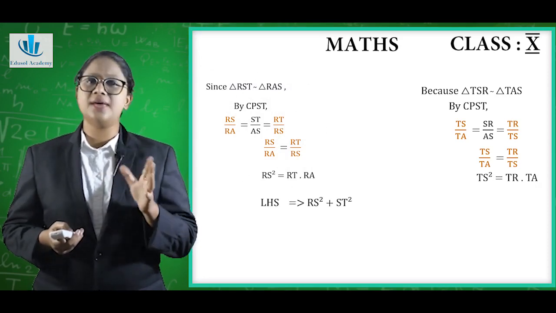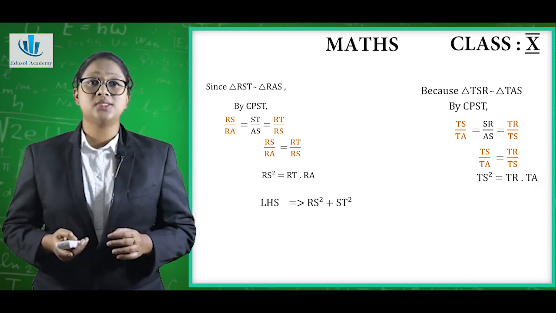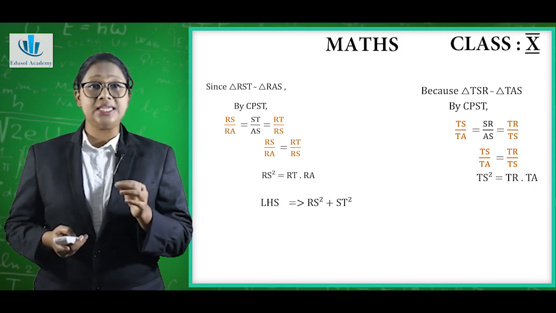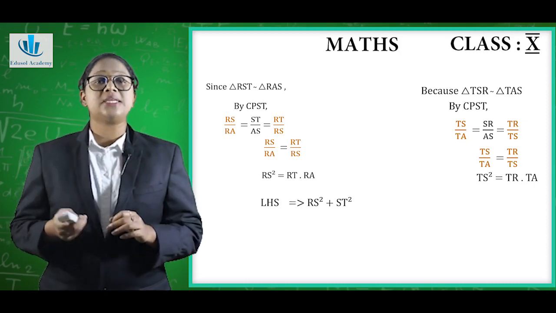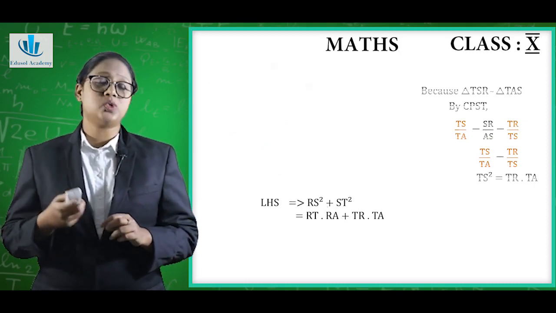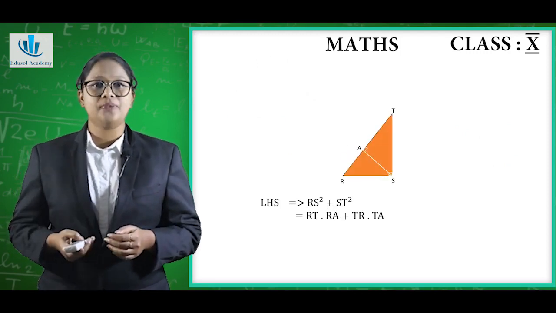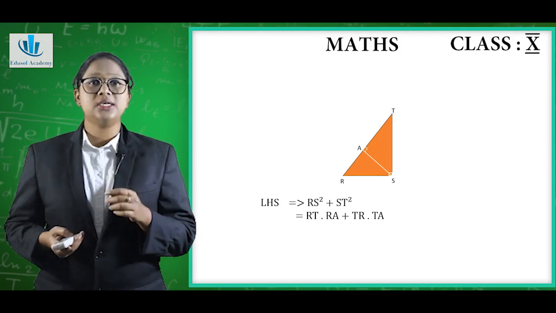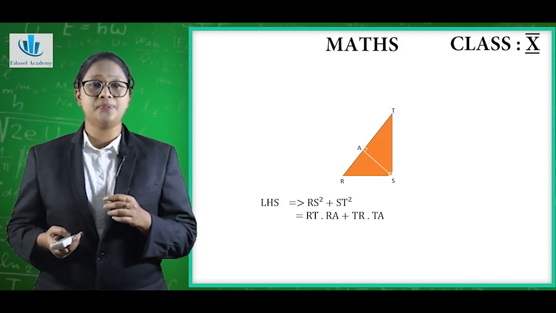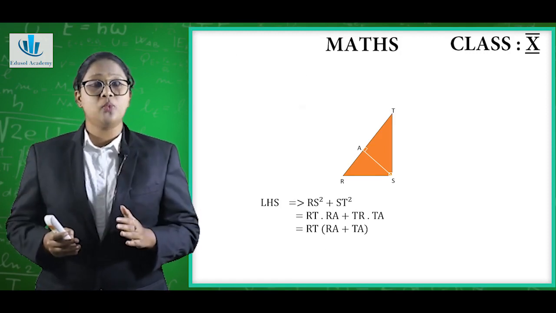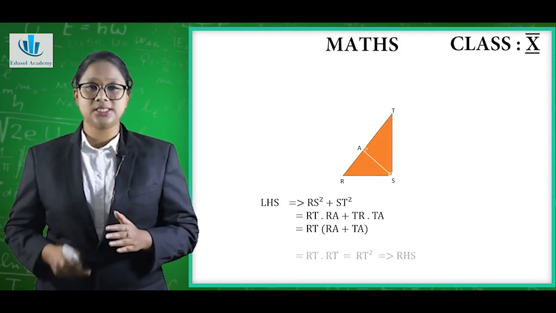Now we'll begin with the left hand side or LHS. So RS square can be replaced with RT into RA, and ST square or TS square can now be replaced with TR into TA. Now we can see RT is common in both of these. So we can take that out and within the bracket we have RA plus TA.